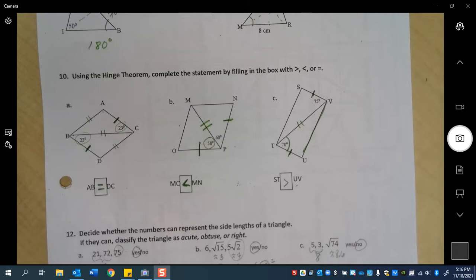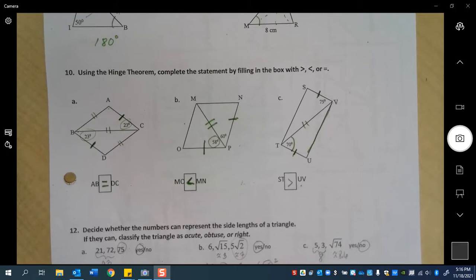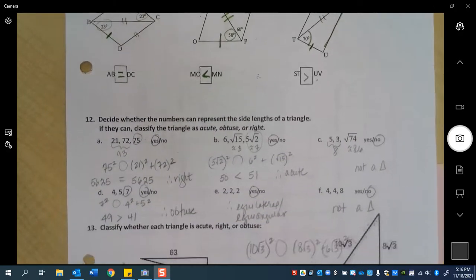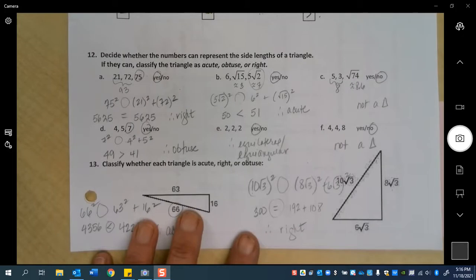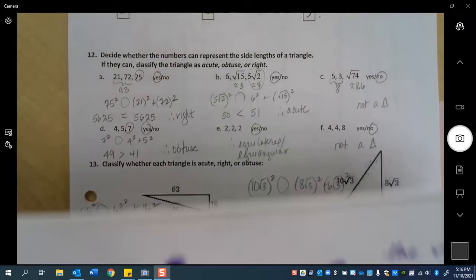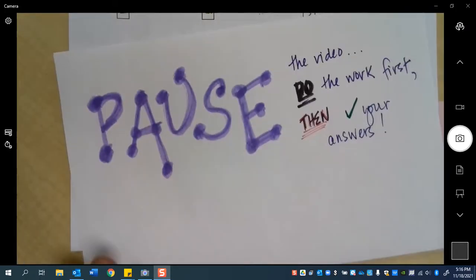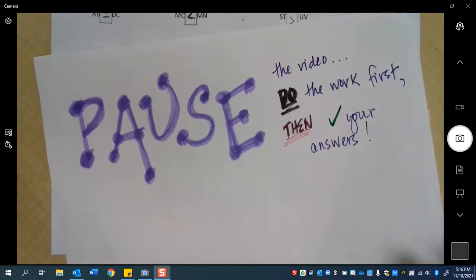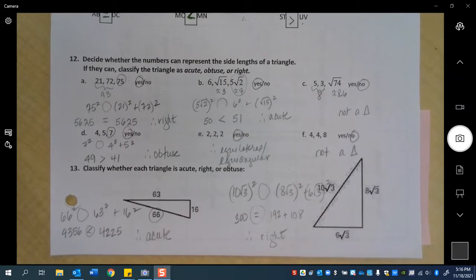All right, this next section, we're going to be talking about whether or not numbers can represent the side lengths of triangles. So if you need to pause and do your own work, please do. If you've already paused and done your work, then here are some answers for you.